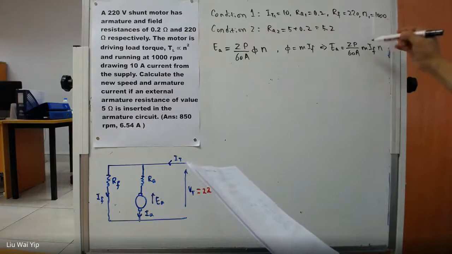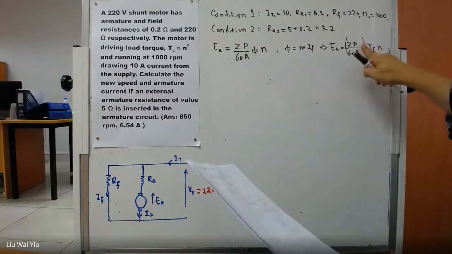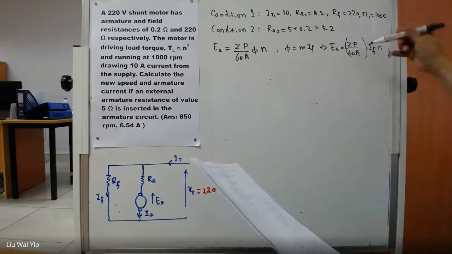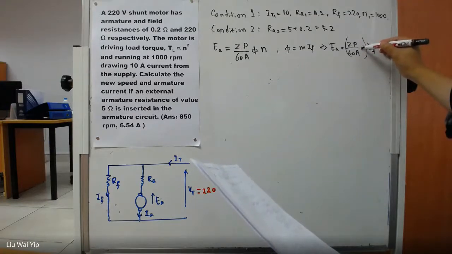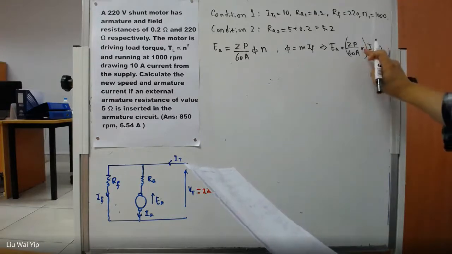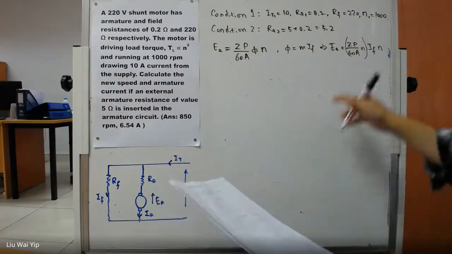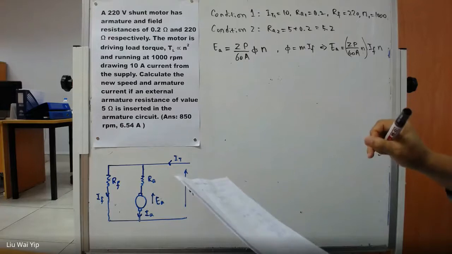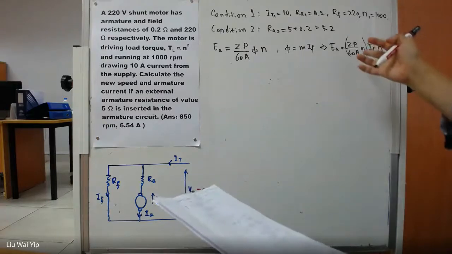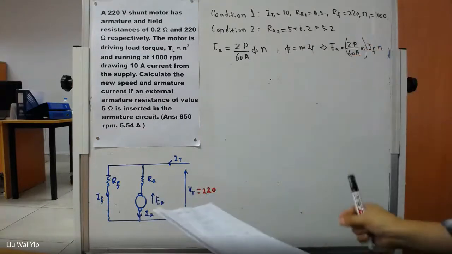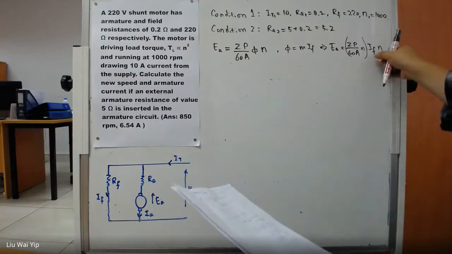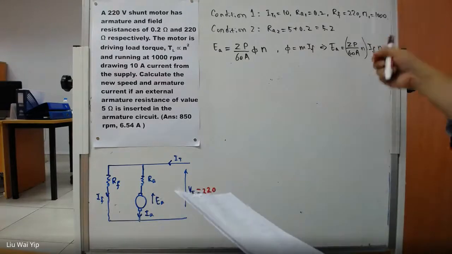So now, can you see that we have some parameters here, but they are fixed in value. During the operation of the motor, they are not going to change because these parameters belong to the hardware. But the field current may be changeable.